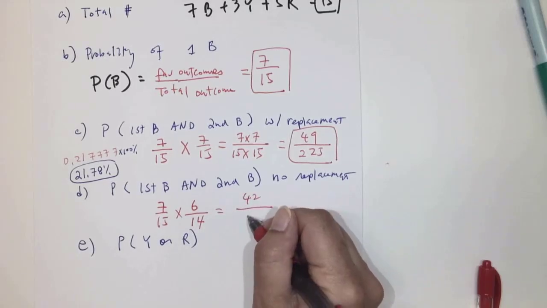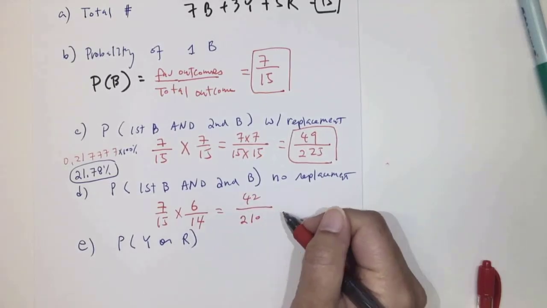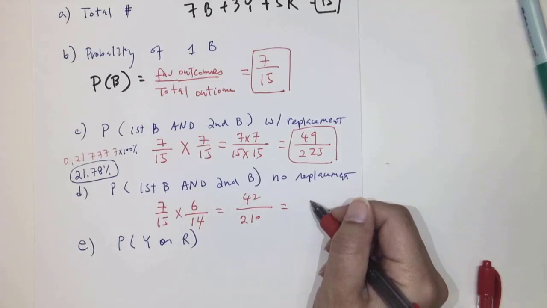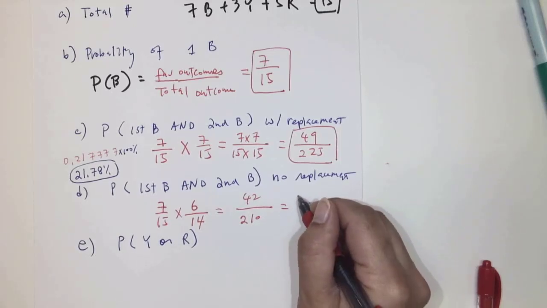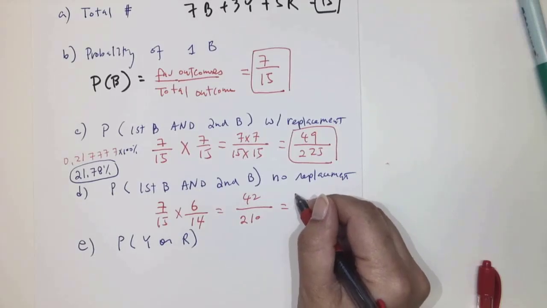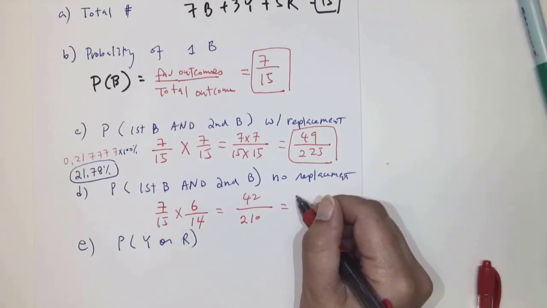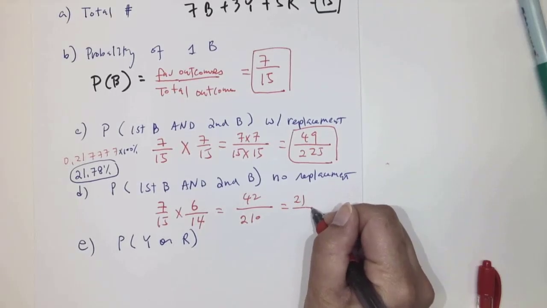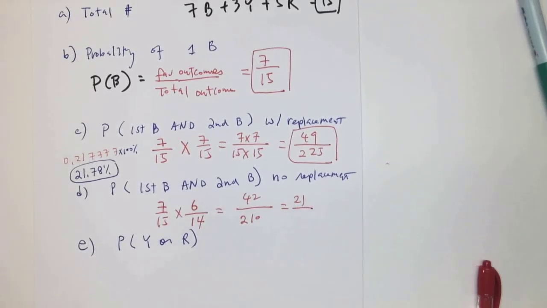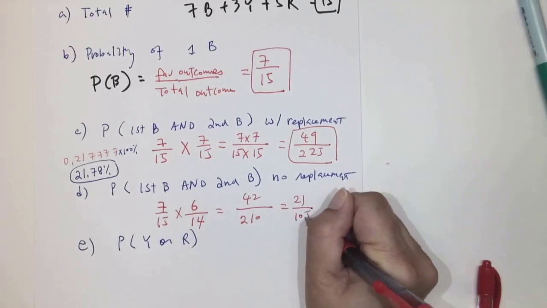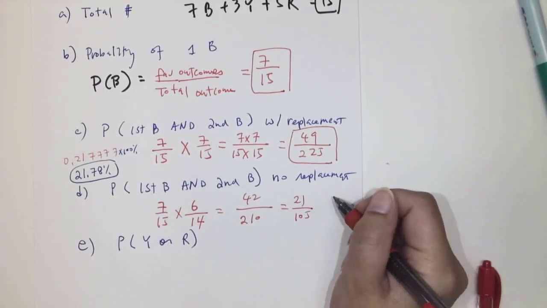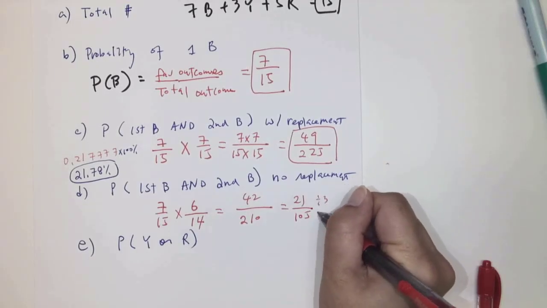So if I make it one fraction, what do we get? Out of 210, but you probably need to reduce this one at least. If you divide it by 2, you have 1 over 105. Looks like both of them can be divided by 3.